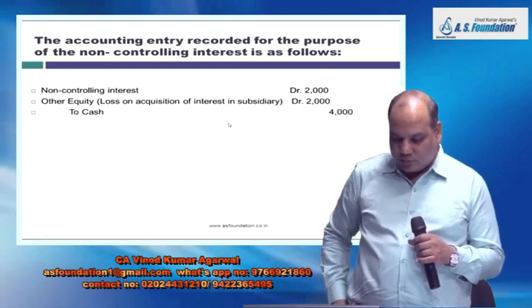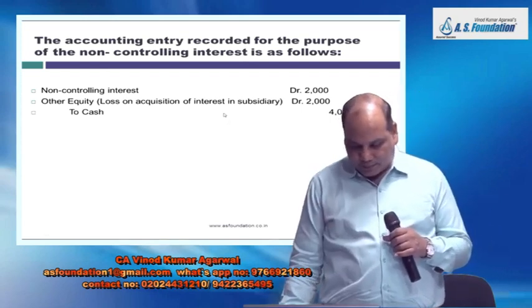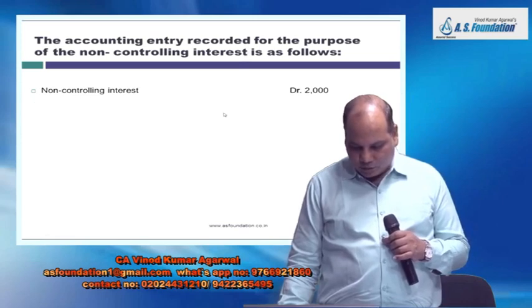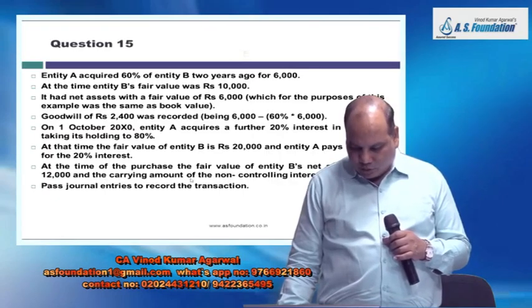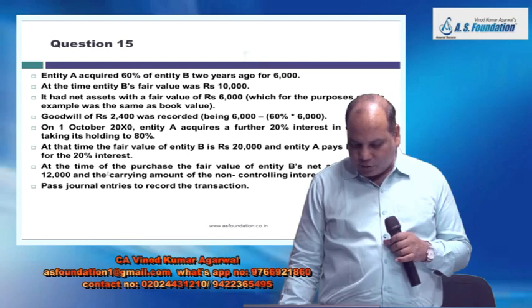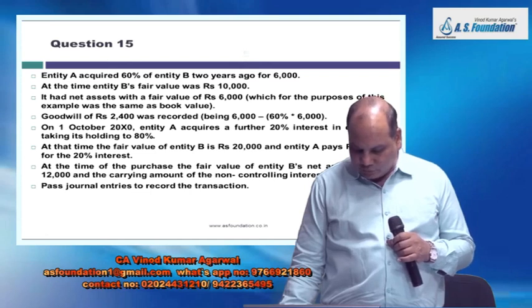So journal entry would be, what is the net asset of the subsidiary on that date? 12,000. And carrying amount of this NCI is 4,000.